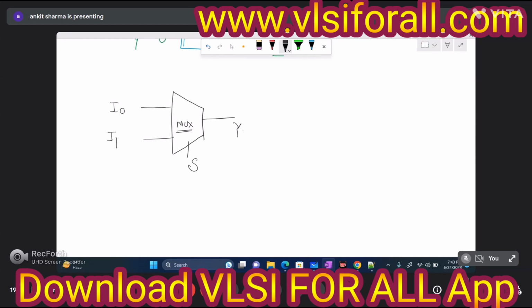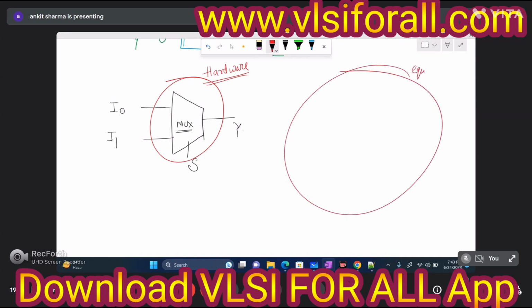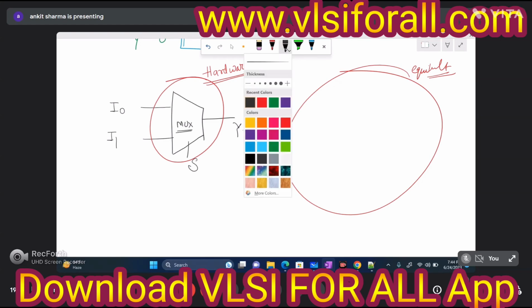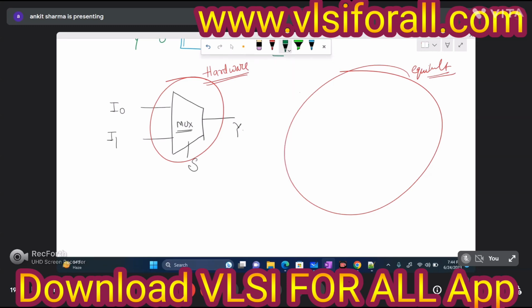This is I0, this is I1, this is the select line, and this is Y. This is a hardware, and I made this hardware as per the customer requirement. Now I need the description of this hardware in a programming language. So how can I describe this?